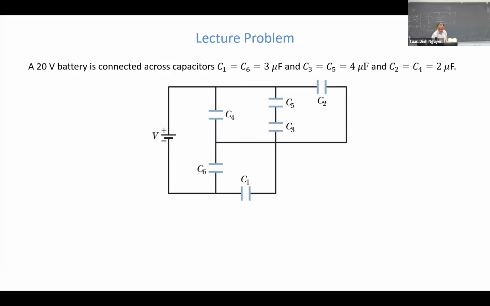Okay, so the first question is, what is the equivalent capacitance of the capacitor? We want to replace this circuit with one capacitor only. And what is that value? And here we don't have to find a formula. This is the only time you don't have to. Numbers are okay.